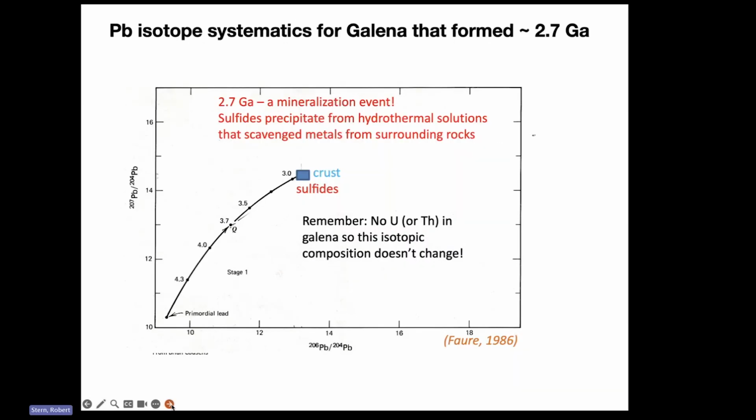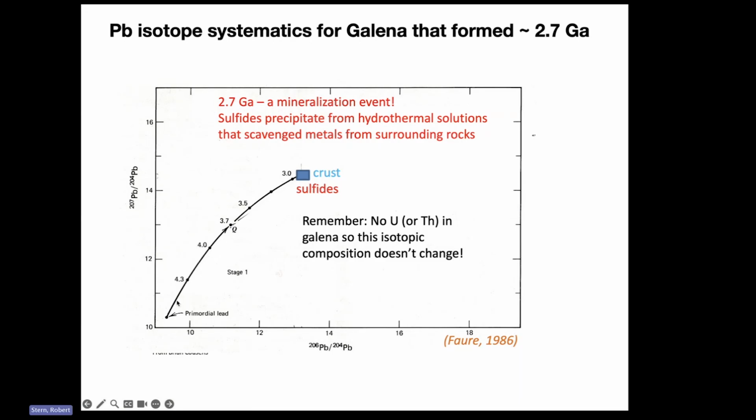So when I first started seeing these lead isotope plots, I was confused. So don't feel bad if it doesn't make any sense to you, because it took a long time for me to understand it. So basically, we're looking at the evolution of lead isotopes in the Earth from the beginning, when the Earth accreted, that's primordial lead, until looks like 2.7 billion years ago.